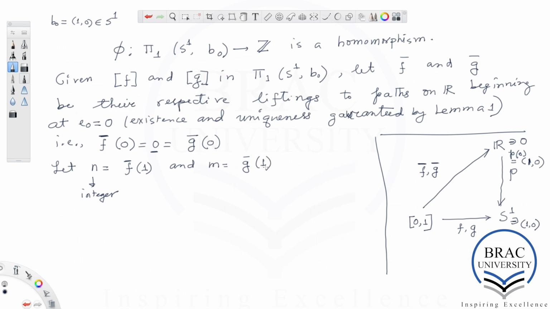In fact, let us see why. P of F bar of 1, from the property of lifting, is equal to F of 1. And F is a loop in the unit circle that starts and ends at the same point B0.